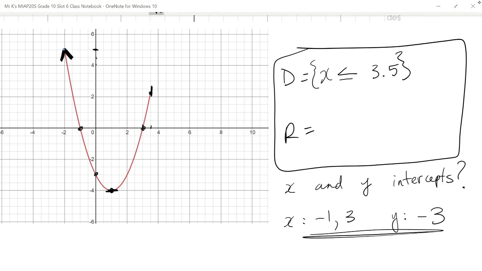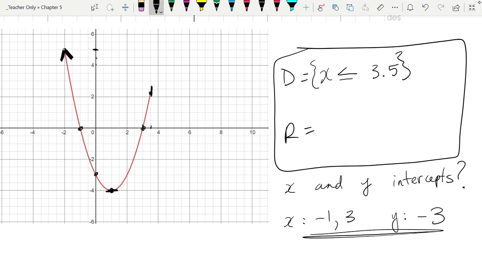All right. Clearly, I can't be trusted. Can somebody tell me the range? What does this arrow change about the game? Is there a limit to how big y can be? No, it's going up forever. So y is bigger than or equal to -4.